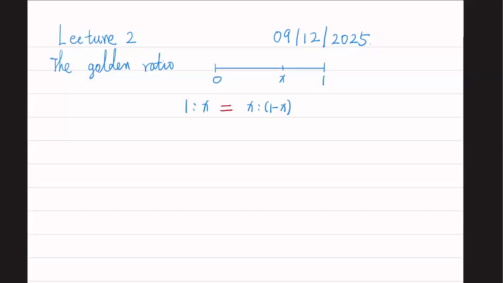This gives us a differential equation. Simplify this. Under the assumption that x is between 0 and 1, we get a quadratic equation.